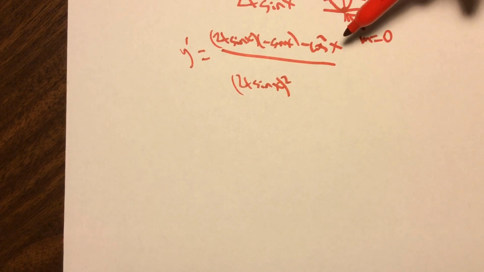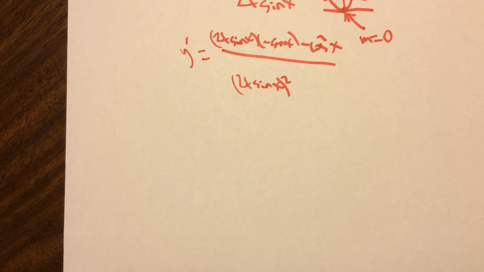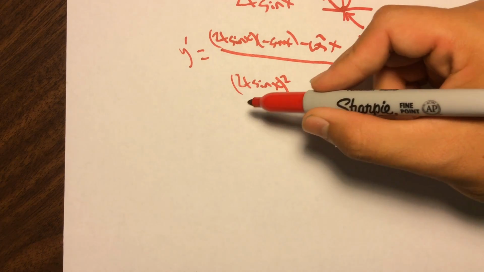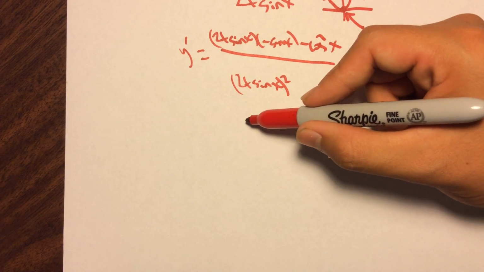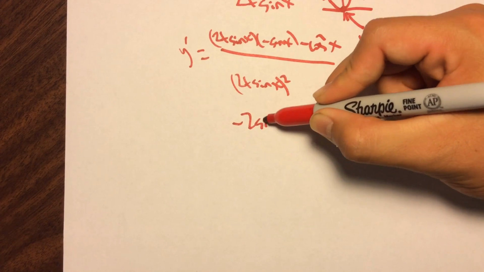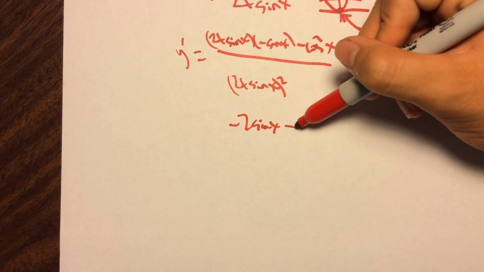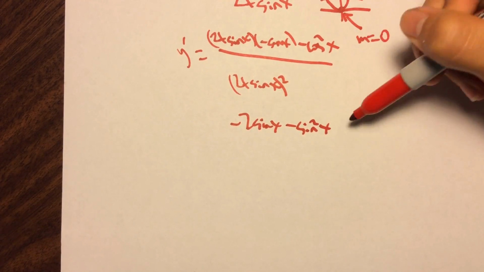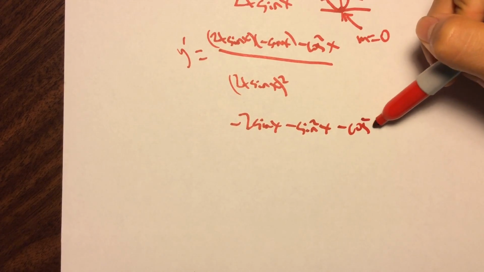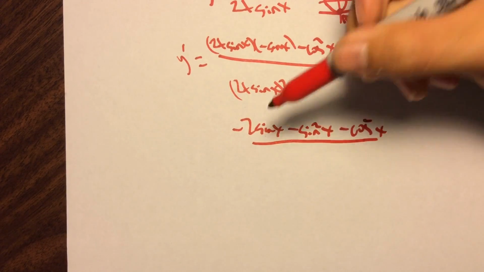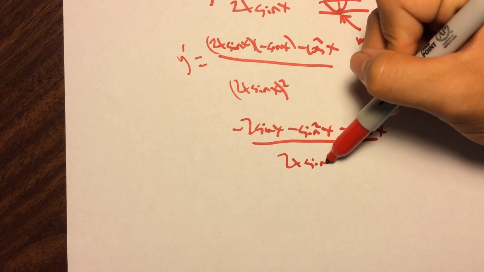So right here we did the quotient rule using low d high minus high d low over low squared. Now to simplify, we can first distribute out the negative sine x, so we'll get negative 2 sine x minus sine squared x minus cosine squared x over 2 plus sine x squared.